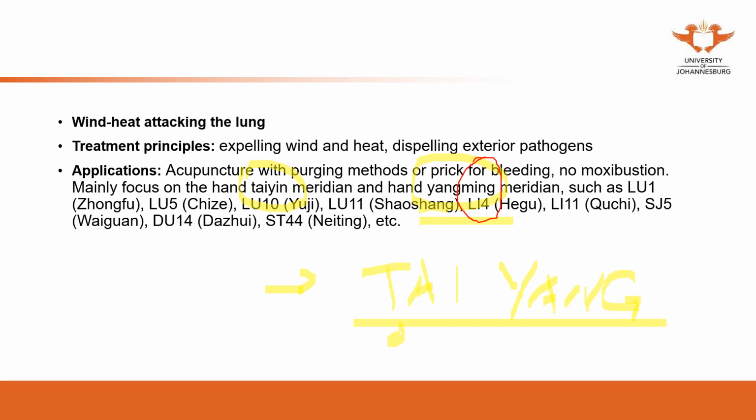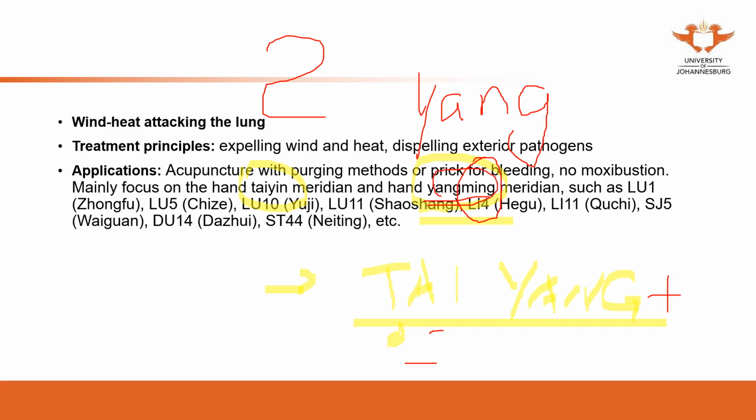It says the combination of two yang, they add on, then we call it min, which means yang-min is the combination of tai-yang and shao-yang. From this point of view, you will see yang-min has the most yang qi because tai-yang plus shao-yang means yang-min. From this point of view, it says yang-min has the most yang.